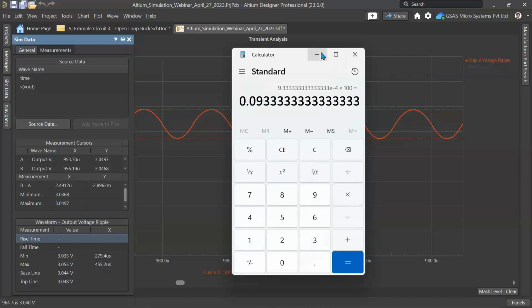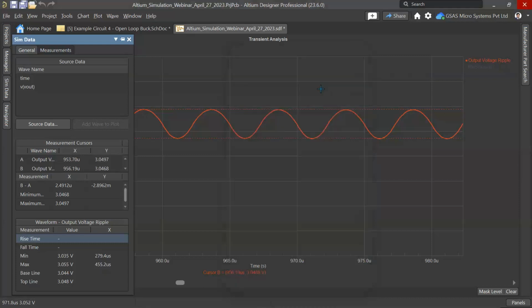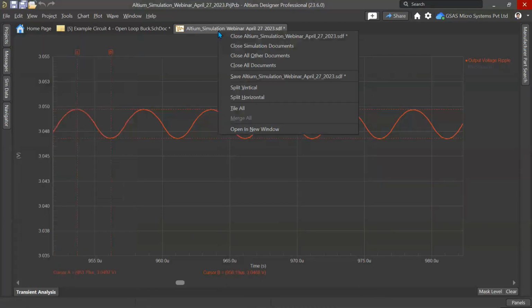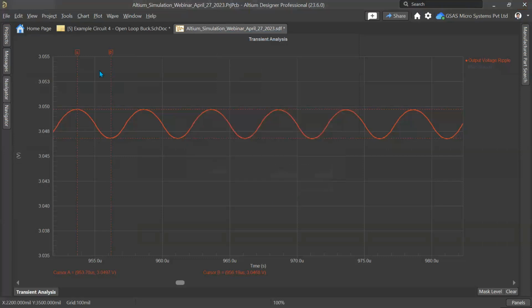Hence, our requirement is satisfied, and you can proceed further. This is how you can check how you are operating at different frequencies, input voltages and so on.